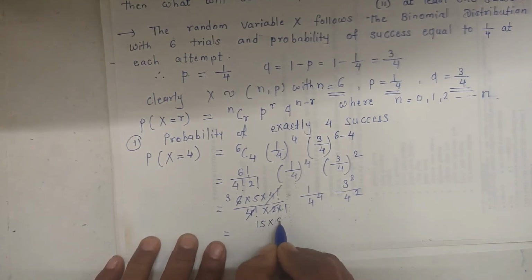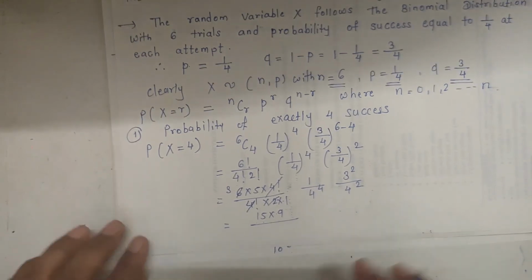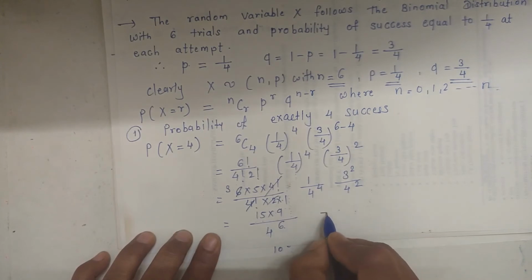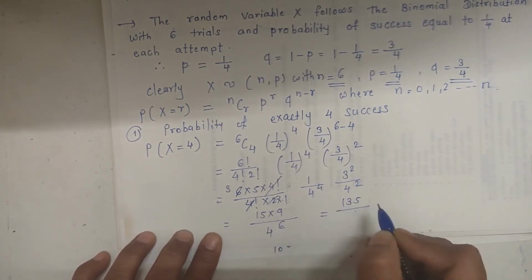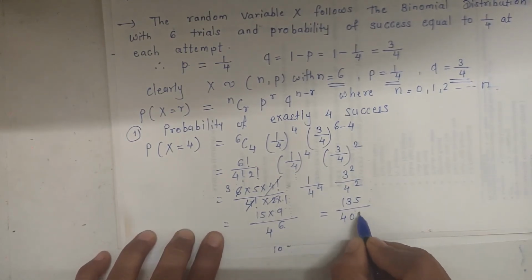15 into 9 upon 4 raised to 4 and 4 raised to 2. Adding the indices of number 4, 4 raised to 4 plus 2, 6. Then 15 into 9 is 135 and 4 raised to 6. The value of 4 raised to 6 is 4096.